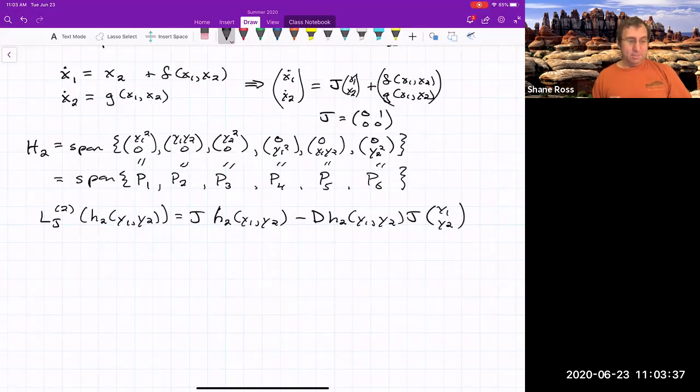So we're going to look at the image of L_J2 by operating on each capital H2 basis element.